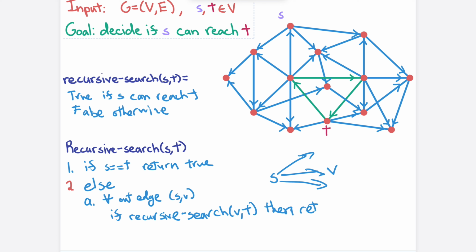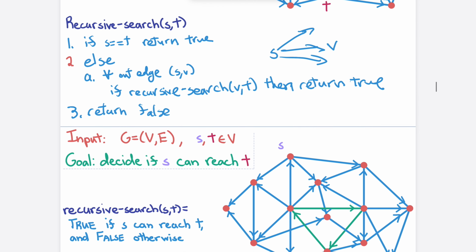And you only need one neighbor to get you there, so you can just return right away. Otherwise, if you exhaust all the edges and you don't find any way to get there, then you conclude it's impossible.